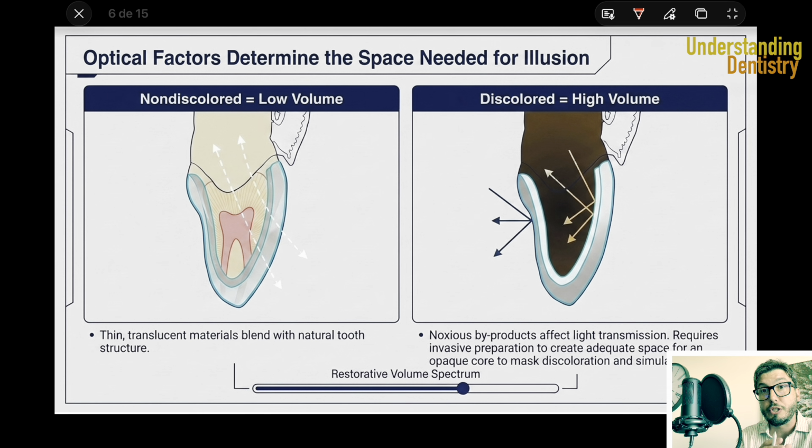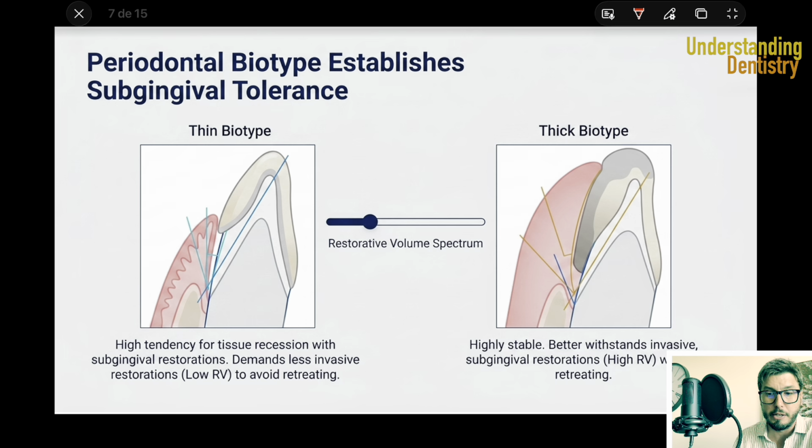For non-discolored teeth, you need a lower volume of material because your substrate is not dark, okay? If you have a darker substrate, like in the endodontically treated tooth, for example, then most likely you need to overcome this for aesthetic reasons, and then you need a thicker layer of zirconia or ceramic materials, of course. All right, so this is related to the light transmission of the biomaterials.